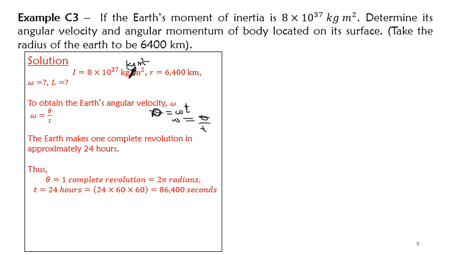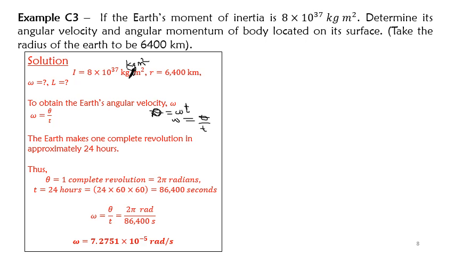So to convert from hours to seconds, multiply by 3,600. So we substitute your value: 2 pi radians over 86,400 seconds, and your answer will be 7.2751 times 10 to the power minus 5 radian per second. So that is the angular velocity.